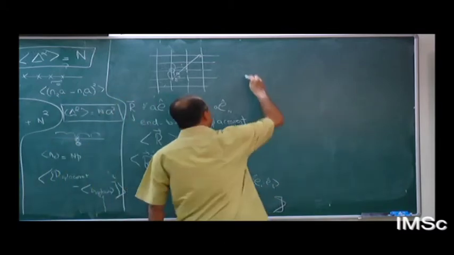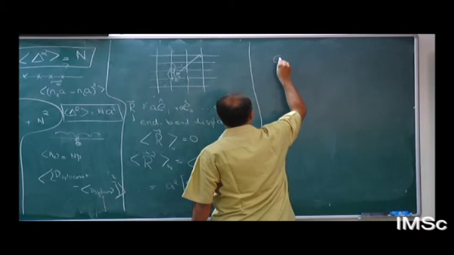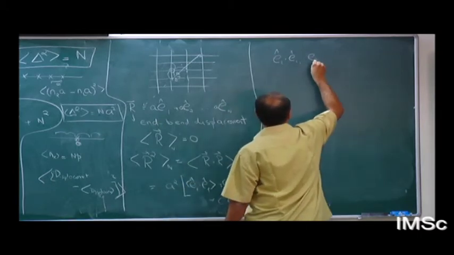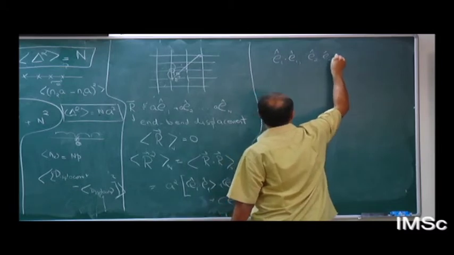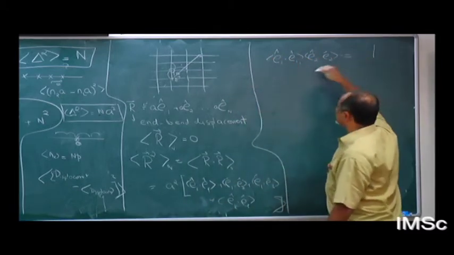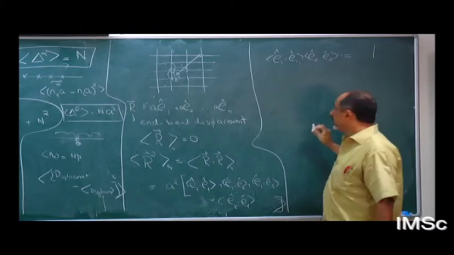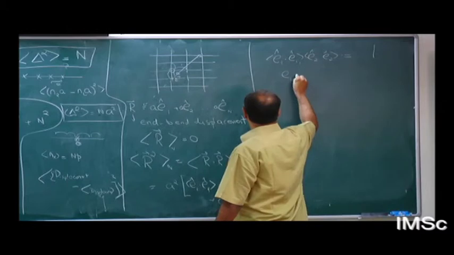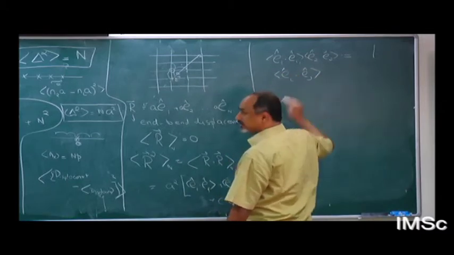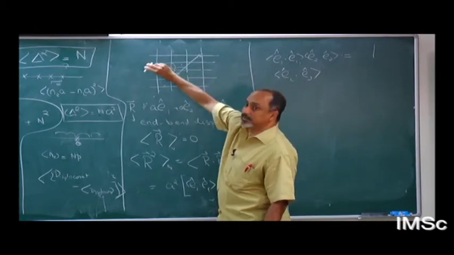Now over here, notice that there are 2 types of quantities. One is E1 dot E1, E2 dot E2, etc. All these quantities must be 1. There's no way of avoiding that. On the other hand, if I look at EI dot EJ, where i and j are not equal, that's the correlation between a vector in this direction and some other vector.